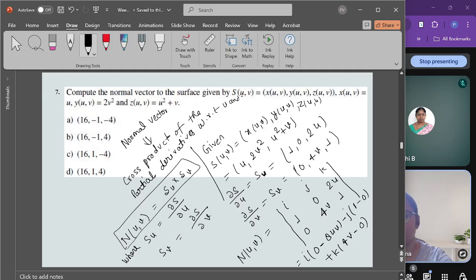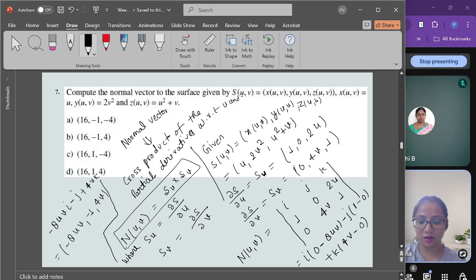So after that, I'm writing it here: minus 8uv i minus j and plus 4v k. And the cross product overall in that form is represented as minus 8uv, minus 1, 4v, right? So this is a representation of the normal vector basically.